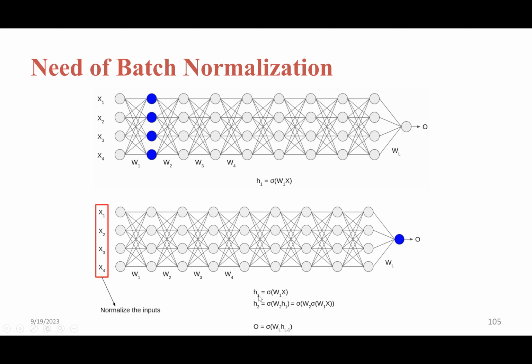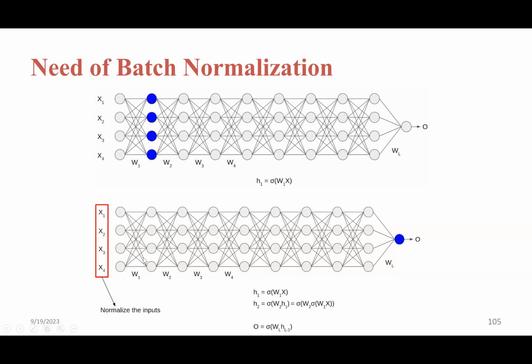H1 is the output from the first hidden layer. This is your input layer. The values x1 to x4 presented to this input layer are multiplied with W1 and then passed to the activation function. So that becomes the output of the first hidden layer.